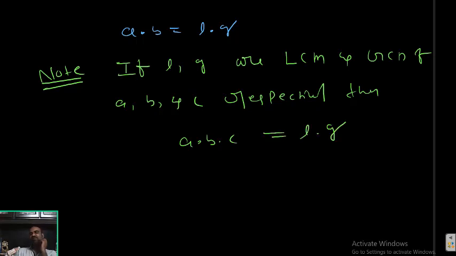If three numbers are given, the product of those three numbers is not equal to their LCM into GCD. What I proved is only for two numbers. The same thing is not applicable for more than two numbers. Means A, B and C are three numbers, their LCM is L, GCD is G, then the product of the numbers is not equal to the product of LCM and GCD. Should be noted.